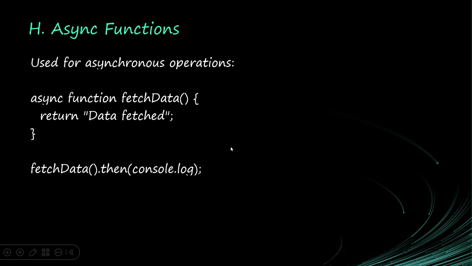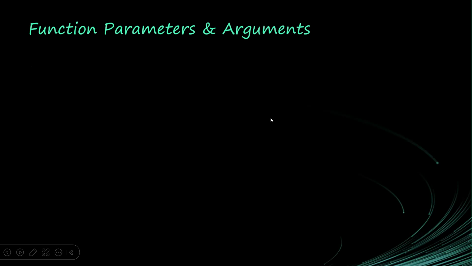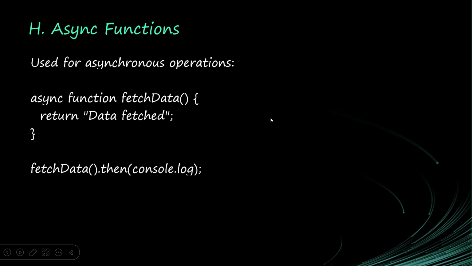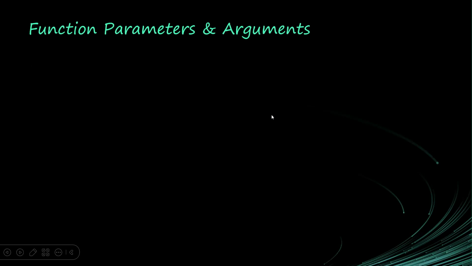If you want a function to run asynchronously, or if you want to read a file, you will use an asynchronous function. When we talk about asynchronous programming, the async keyword, we will talk about asynchronous functions there. The only difference is that you use the async keyword before the function keyword. That's the only difference. But don't worry, we'll talk about it in a later class.